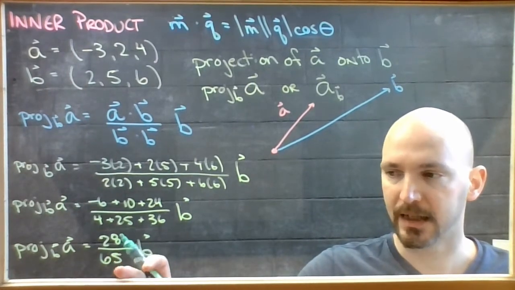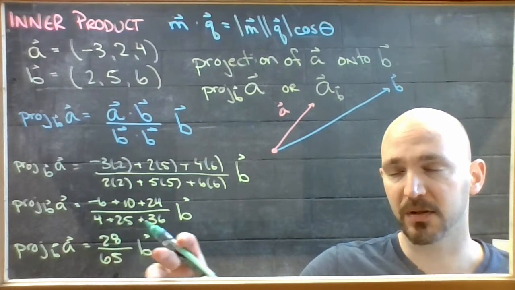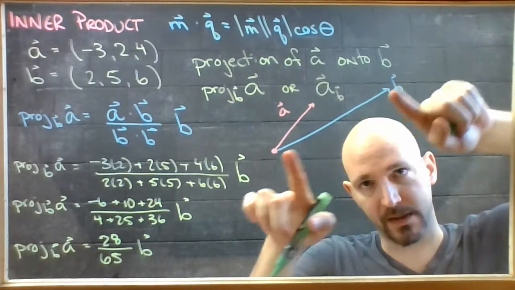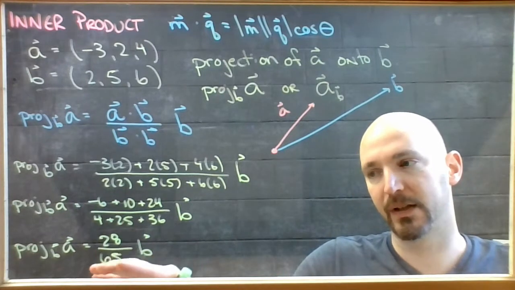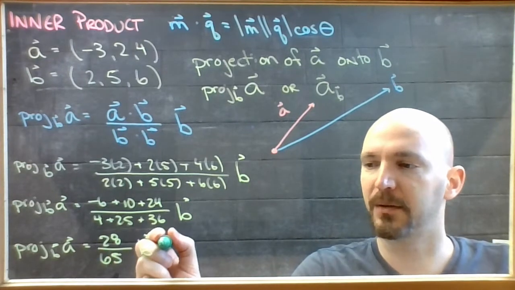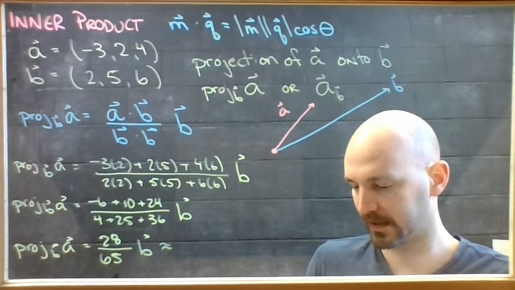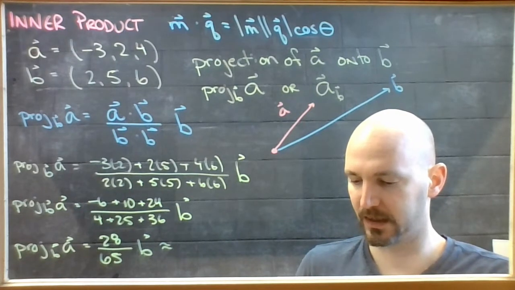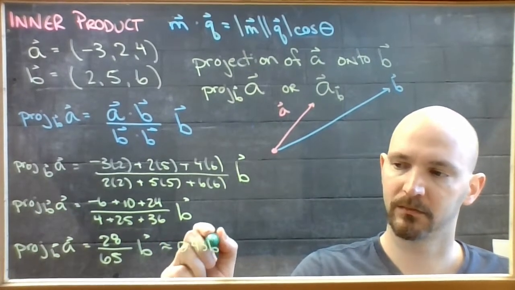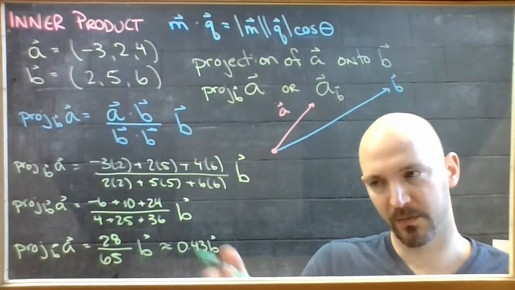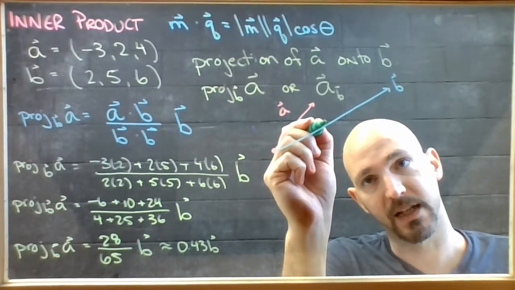Do you notice that this is a scalar, right? It's just a number. It's about half multiplied by a vector. So a scalar times a vector takes that vector and either stretches it or shrinks it. And for this one, I'm going to render that as a decimal just so you can see. 28 divided by 65 is approximately 0.43. So because this is less than 1, it's going to take that vector and shrink it to about this length.